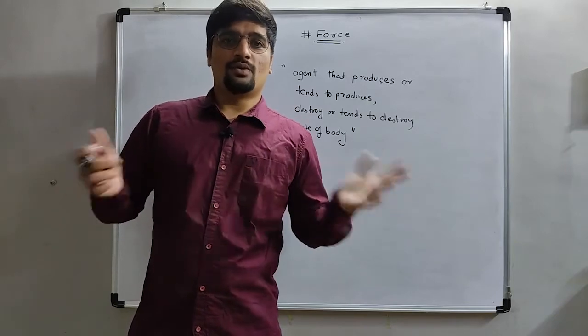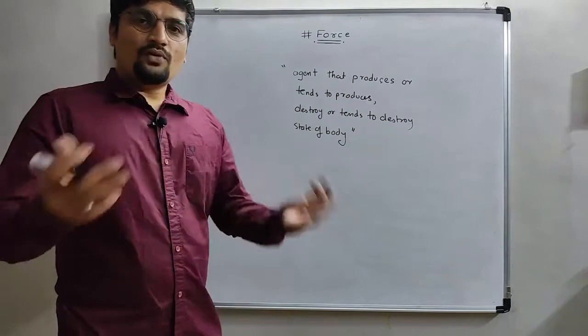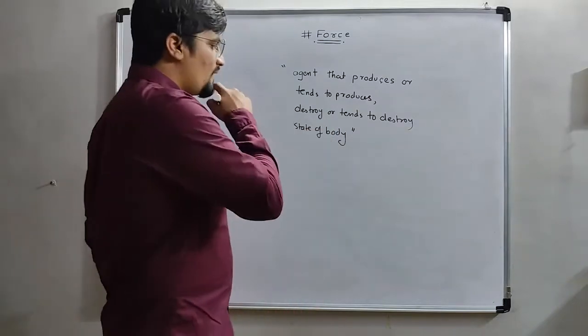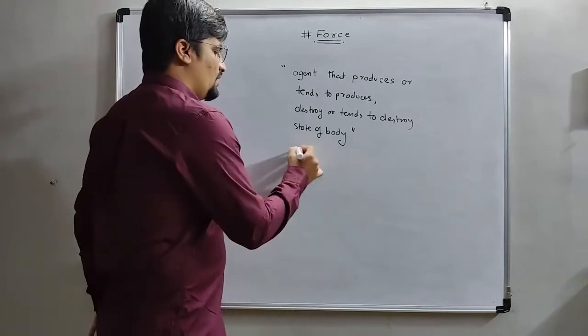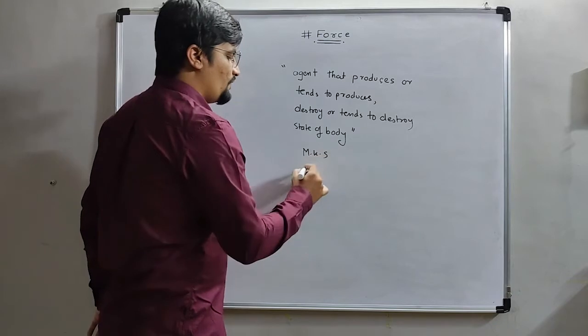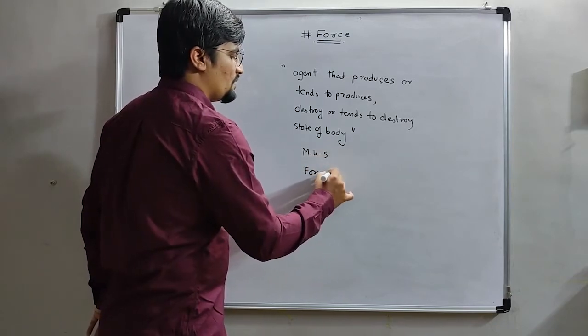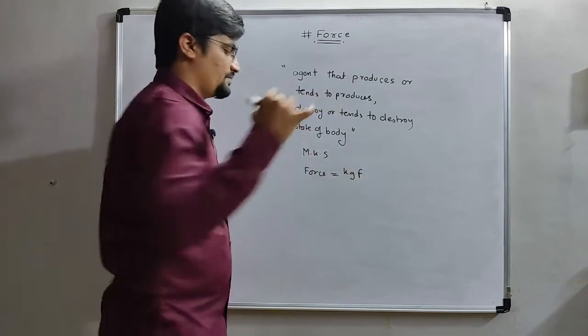And it has its unit. Like my name is Dhruvil Patel and my unit is Patel. Likewise, force also has its unit. There are two systems, the MKS system and the SI system. In the MKS system, the unit of force is kilogram force.